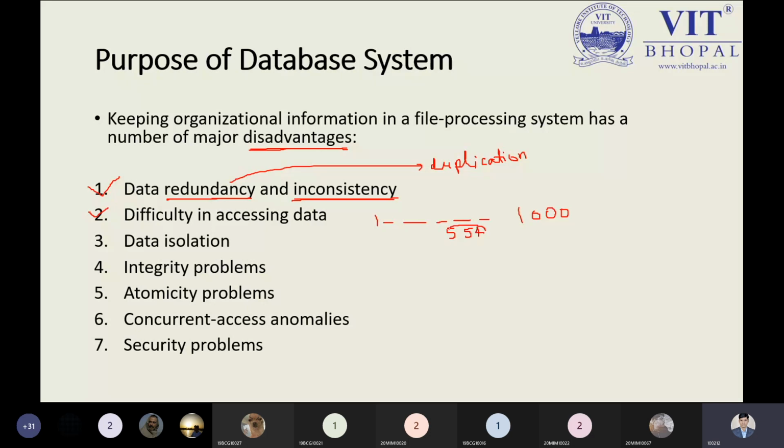Difficulty in accessing data, because access can be done by various mechanisms like sequential access, random access, or indexed access. That is the point we have to keep in mind. Just go back 30 or 40 years. You will find there was an era of the audio cassette or video cassette.